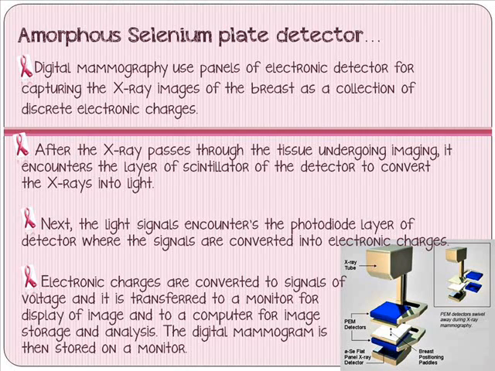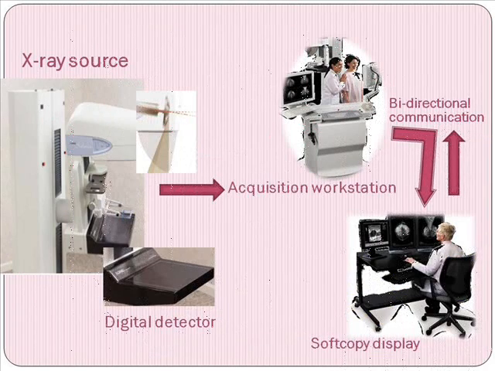Next, the light signals encounter the photodiode layer of the detector, where the signals are converted into electronic charges. Then these electronic charges are converted to voltage signals and transferred to a monitor for display of the image and to a computer for image storage and analysis. The digital mammogram is then stored on a monitor.